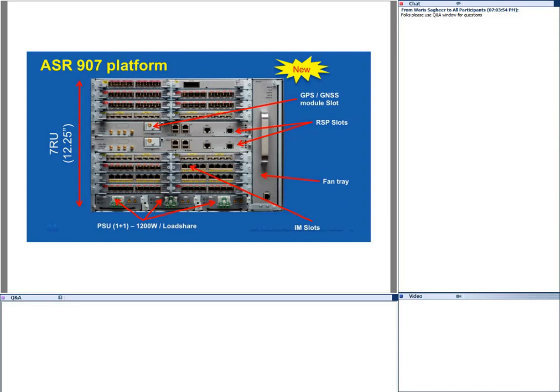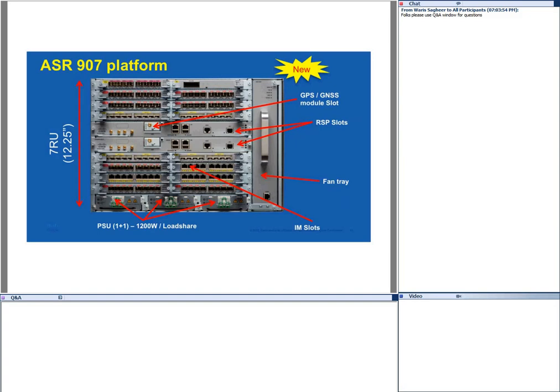Okay, so finally, after a lot of talk, here are clearer, bigger pictures of the 907. Here you see the 907 chassis filling the entire slide. Let's talk about how the modules are housed in the chassis. In the middle, you have two RSPs, one RSP on the top and one RSP in the bottom.